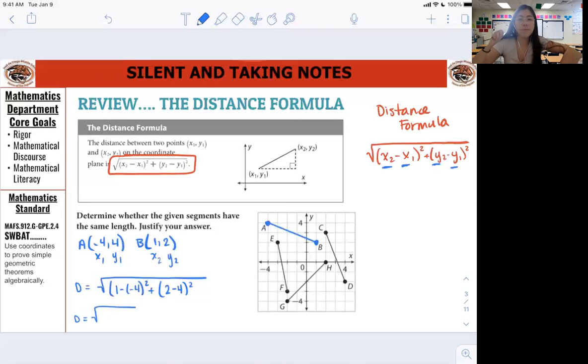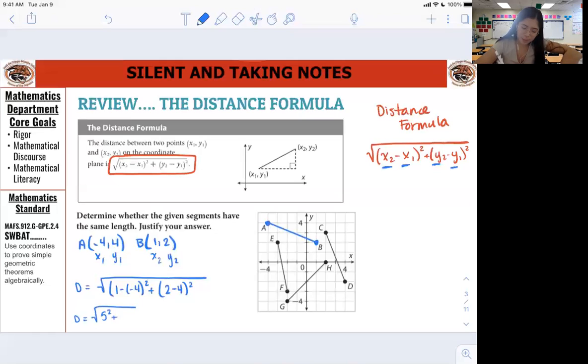That's 1 plus 4. So it's just 5. So I've got 5 squared and then 2 minus 4. If I have 2 and I take away 4, -2. Thank you, Alejandro.